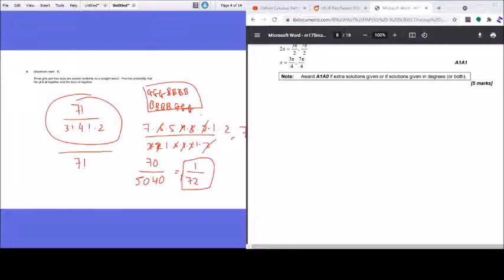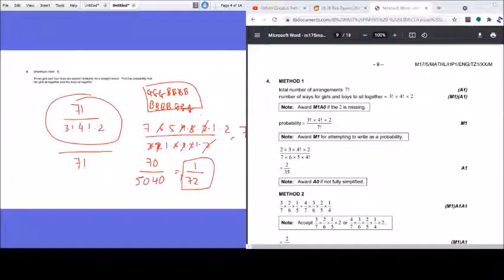Next is the total number of arrangements, which is 7 factorial, which I did show, and the number of ways for girls and boys to sit together is 3 factorial, 4 factorial times 2. And then the probability is actually the top divided by the bottom, not the number of combinations.